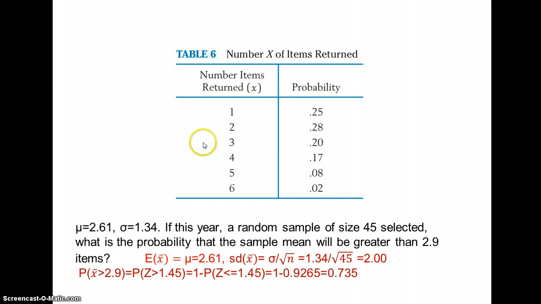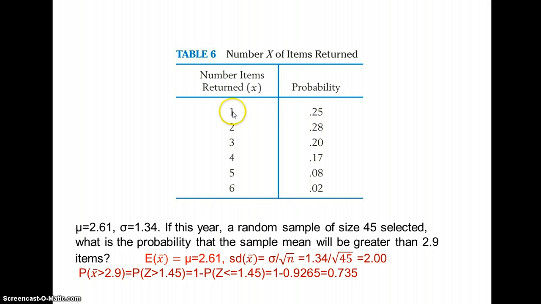Suppose we did this survey with maybe 300 customers or even more, and we found this. Again, it's the relative frequency, but if the sample size is large enough, we can treat them as probability. So this is like a population distribution for the number of items.